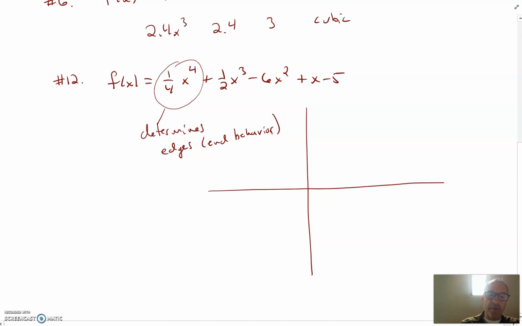So for example, if I plug 10 in here, 10 to the 4th is clearly bigger than 10 cubed, 10 squared, or 10 or minus 5. So you see, big numbers are affected the most by the biggest term. This is called the dominant term.